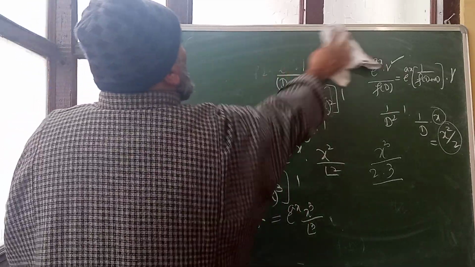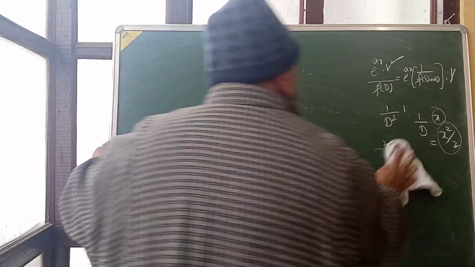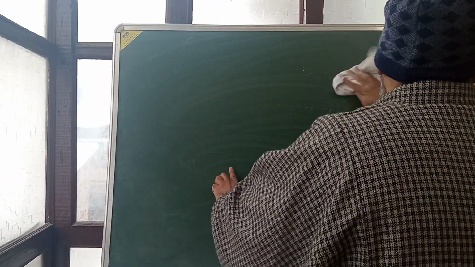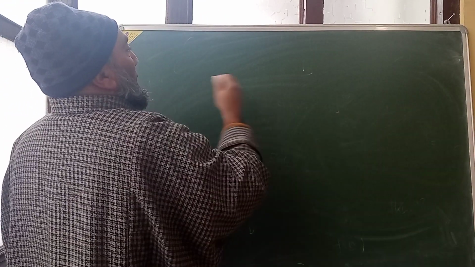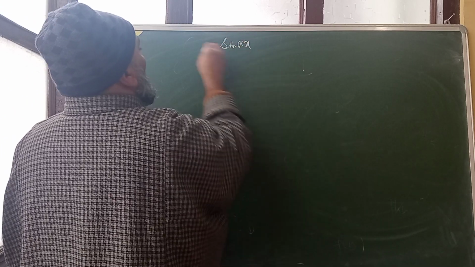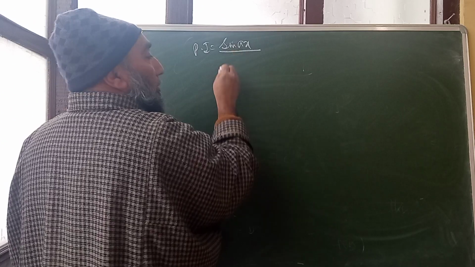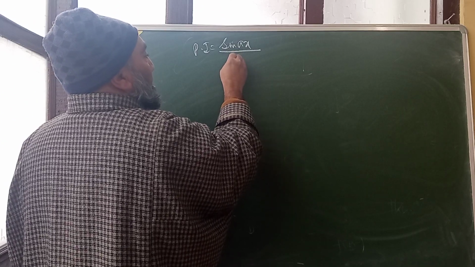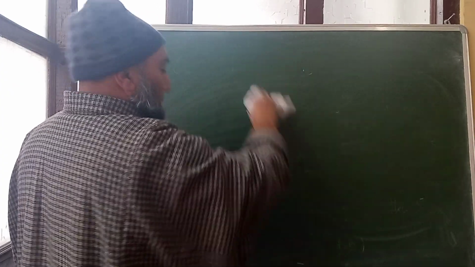Now the second one is sine and cos. I will show you with sine; you can do cos yourself. Let me show you the particular integral of sine. Now you have f of D. Let me explain it like this.